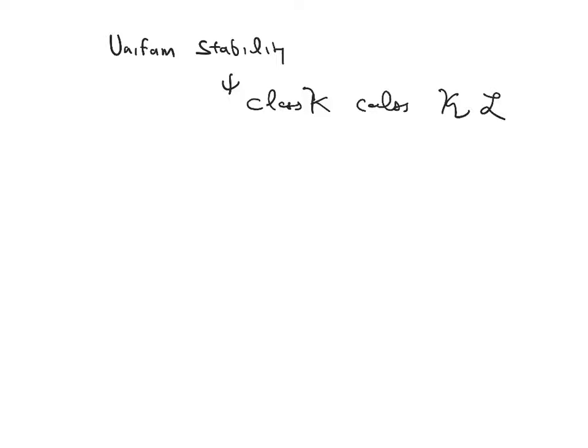The class K functions will take care of the positive definite aspect, that energy is always positive except at the origin, and the function is always going towards 0, or the rate is negative. So let's see the definition of these class K and class KL functions.